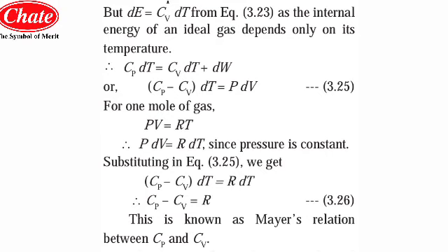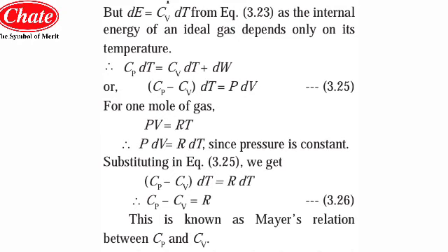But here the piston has moved outward, plus dW is the small work done as the piston has moved outward. So we can take the Cv into dT term to this side of the equality sign. dT will be the common term, so (Cp minus Cv) into dT is equal to PdV.